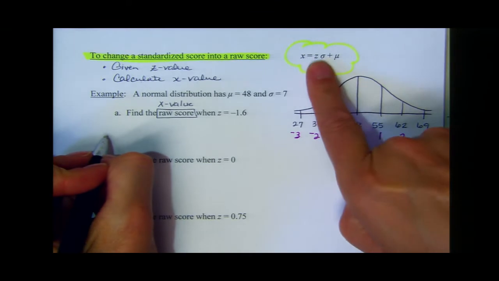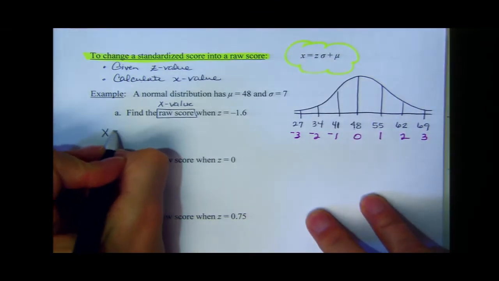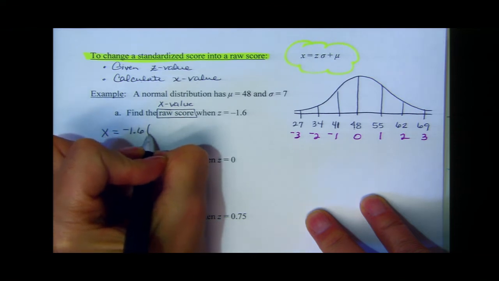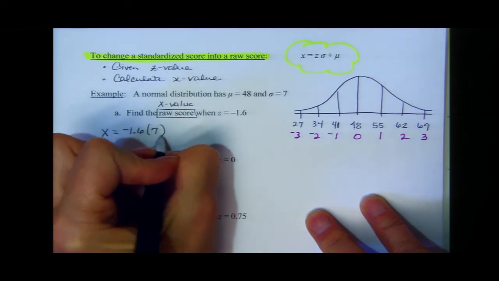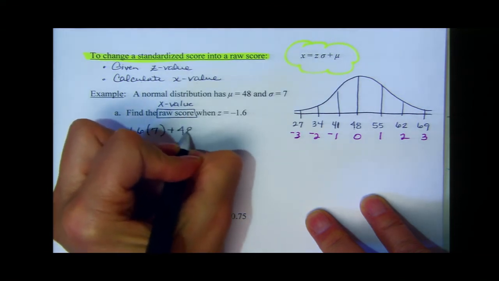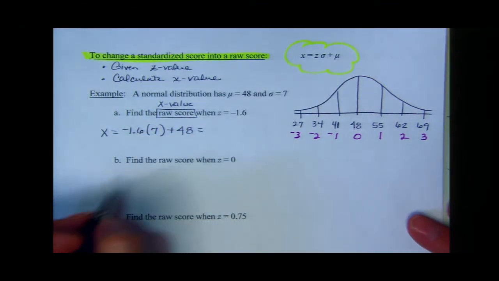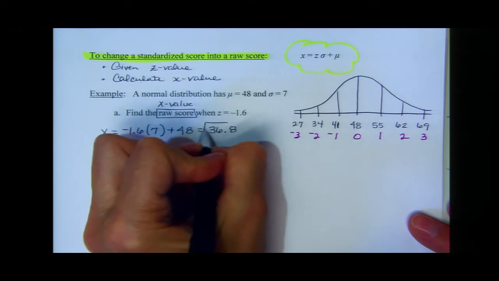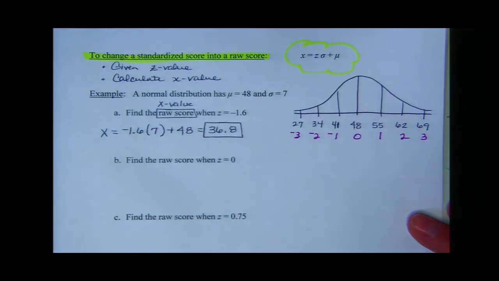So I'm going to apply this formula here. Negative 1.6 times sigma 7 plus mu is 48. Plug that into your calculator and you get 36.8. So sure enough, that was between 34 and 41.